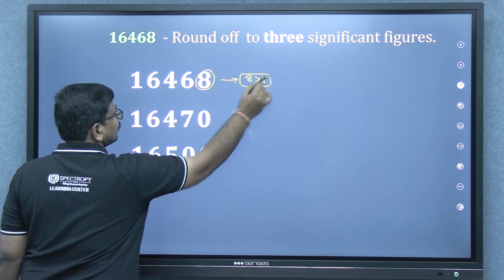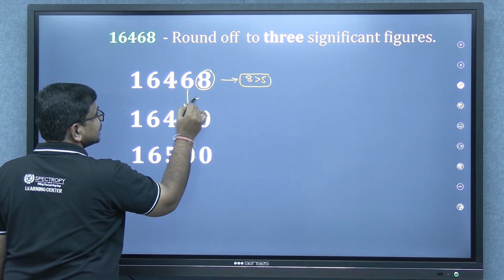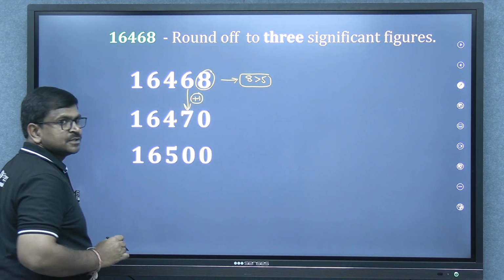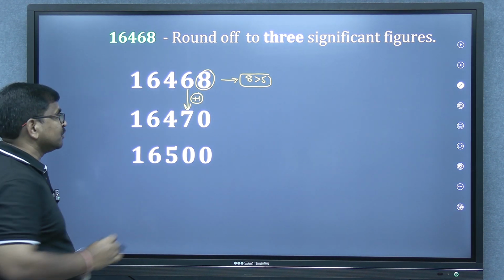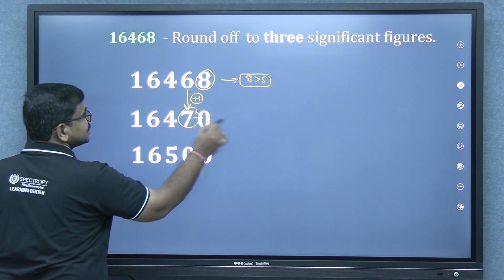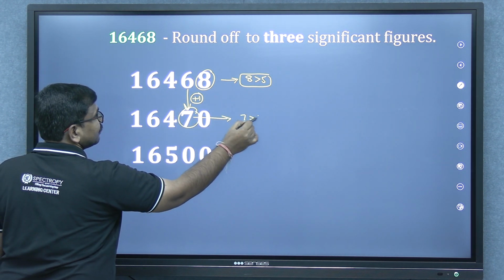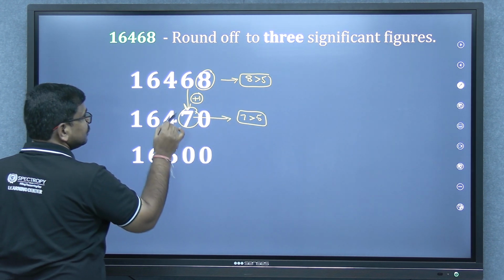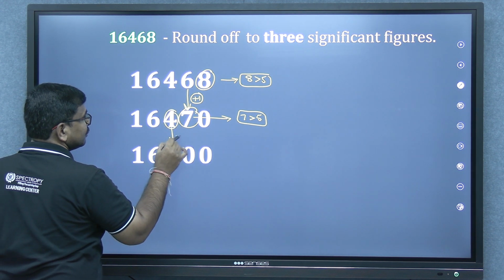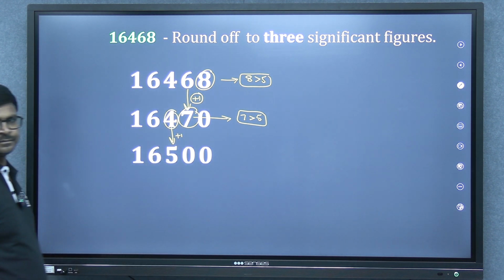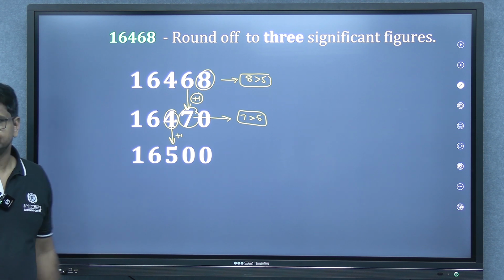Simple. Now 7 is greater than 5, so 4 will be plus 1. Now the final answer is this one.